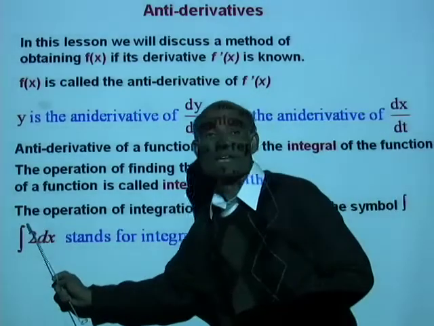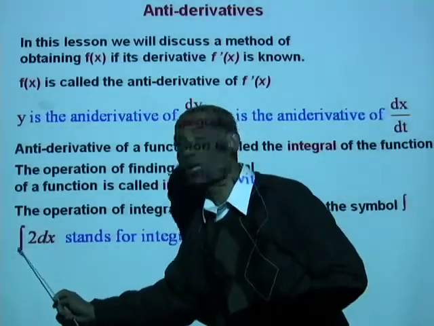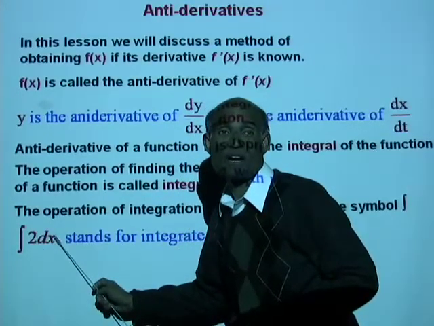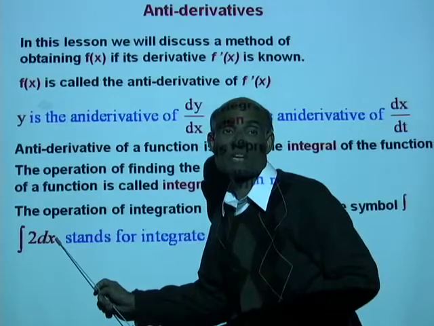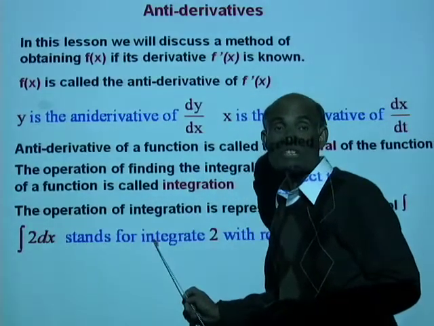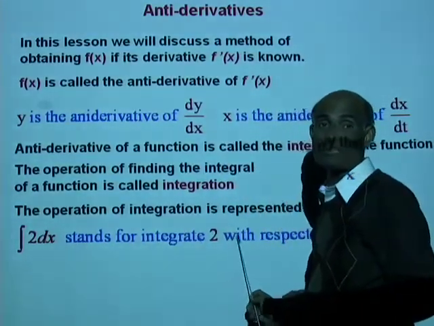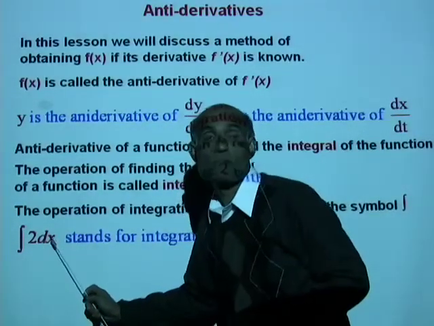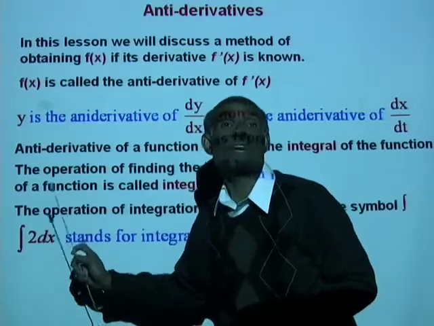Now look at this. You read it like this: integral 2 dx. Now this dx is an important factor. Look at what that stands for. It stands for integrate 2 with respect to x. This indicates that the independent variable is x.